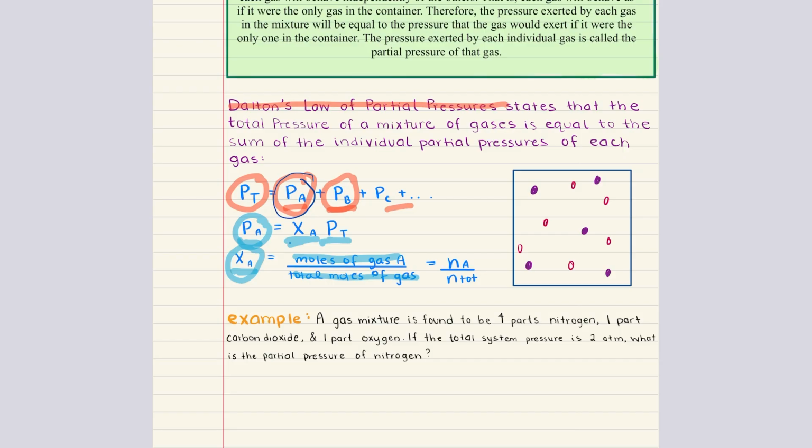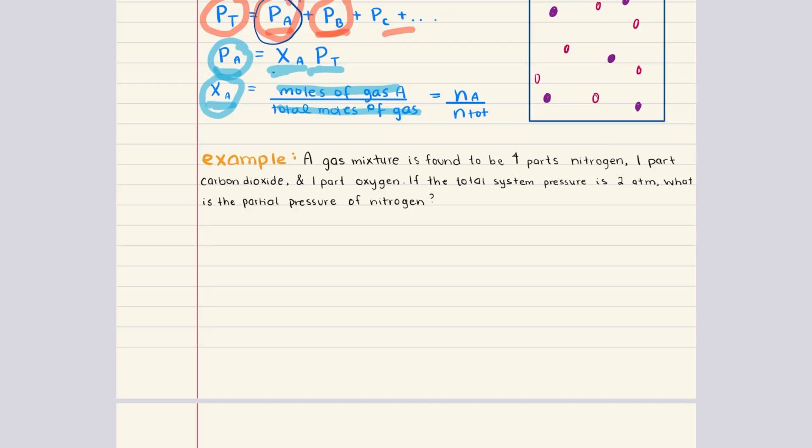Now, this is best understood by tackling an example problem. This one says a gas mixture is found to be 4 parts nitrogen, 1 part carbon dioxide, and 1 part oxygen. If the total system pressure is 2 atmospheres, what is the partial pressure of nitrogen? Let's start with writing down what we know and what we need to figure out.